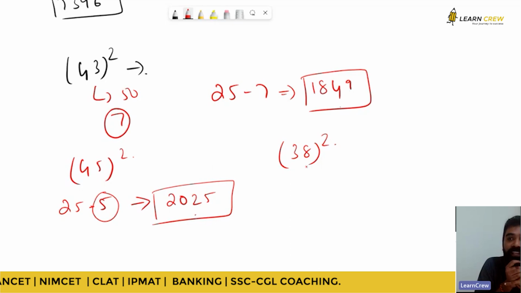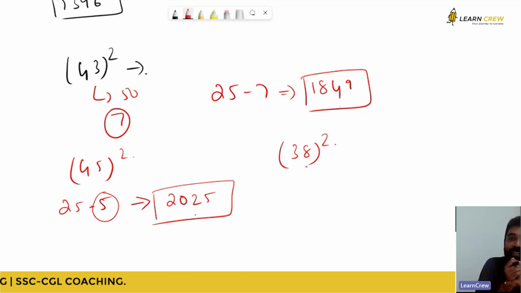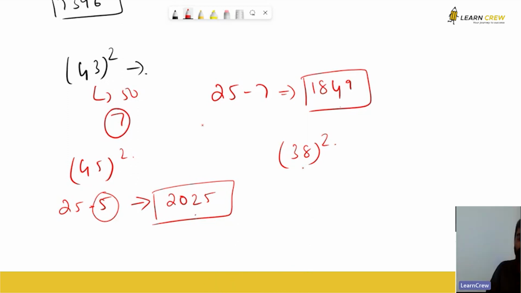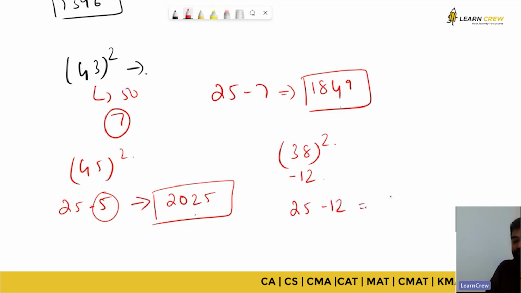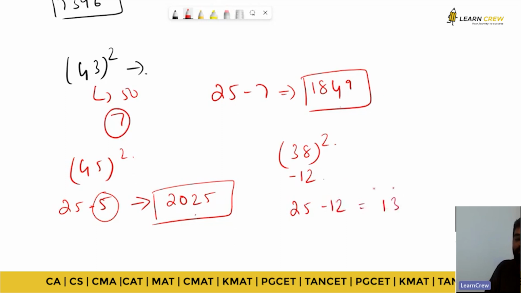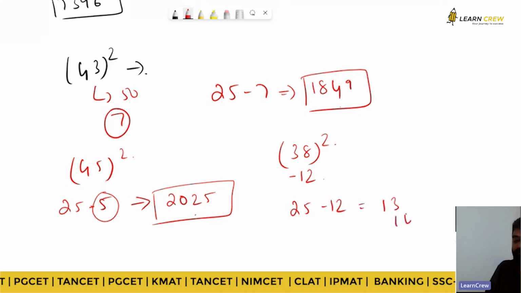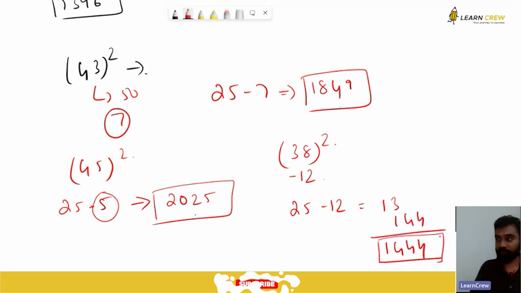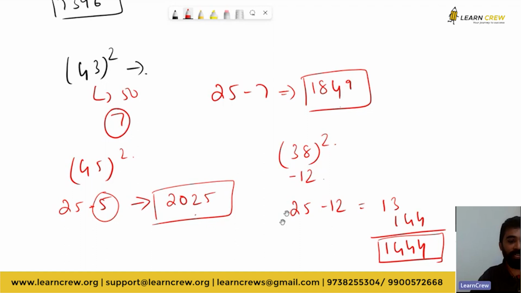Okay, I am taking 25 as the base. So you need to subtract the remaining value from 25. Now, from 50, 38 is lesser by 12. So 25 minus 12 becomes 13. 12 square is 144, so 1444.